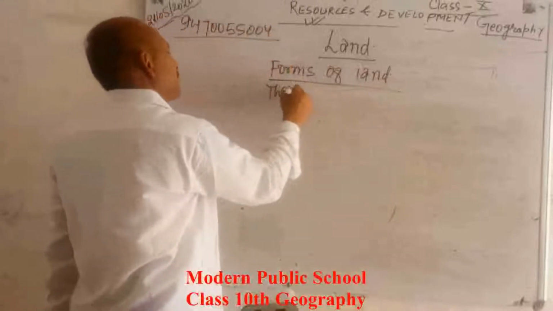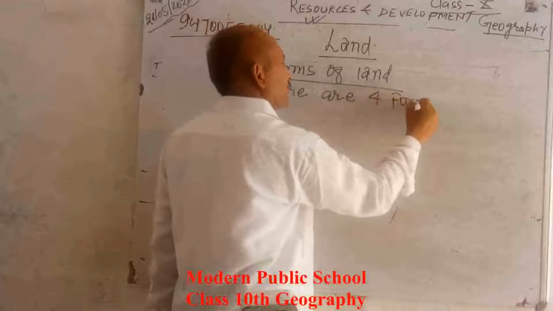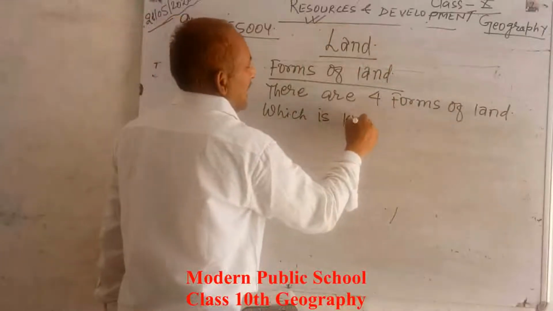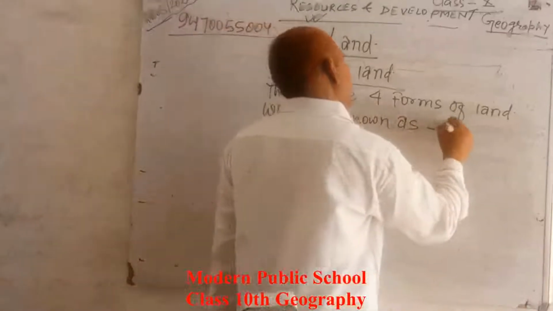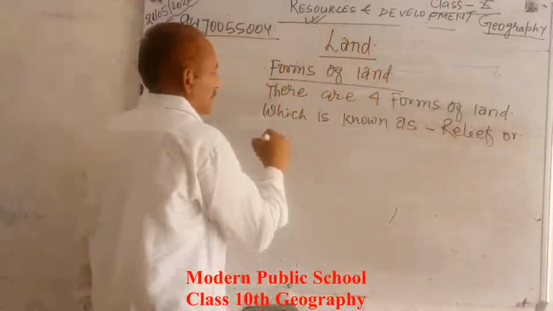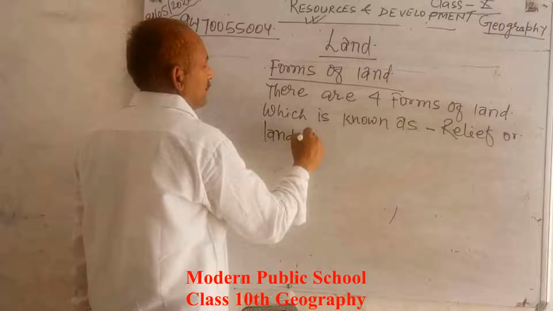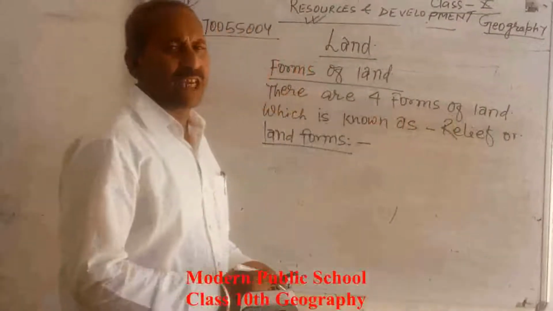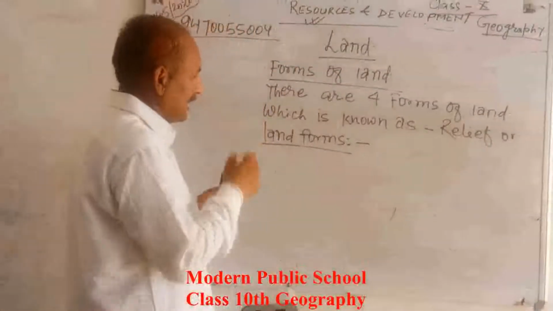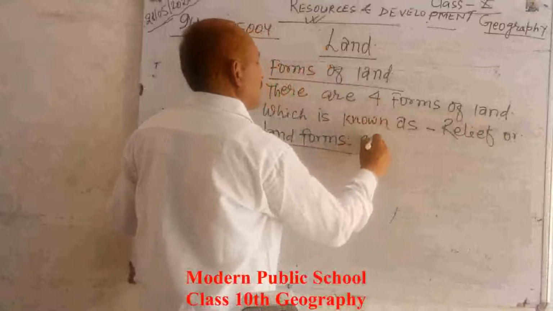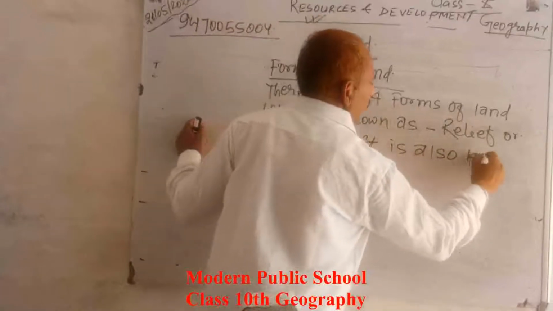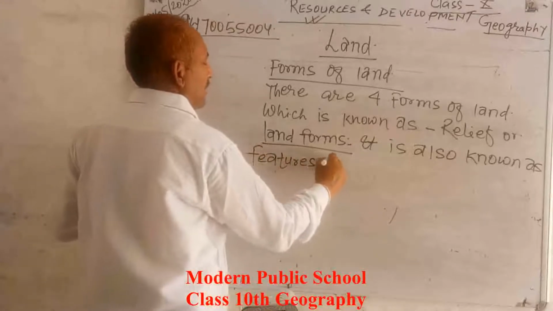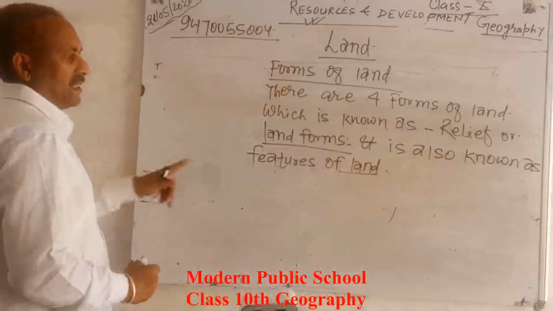Okay, there are 4 forms of land, which is known as relief or landforms. जिसको हम लैंड के जो फीचर्स होते हैं उसको लैंड फॉर्म्स बोलते हैं, या उसको फॉर्म्स ऑफ लैंड बोलते हैं, या इट इज आल्सो नोन एज features of land.